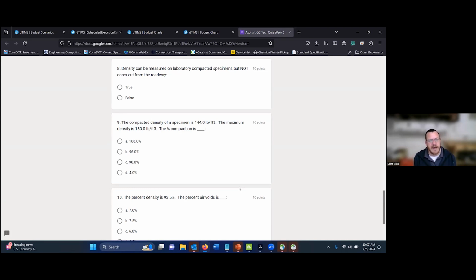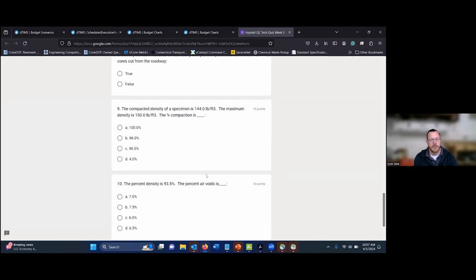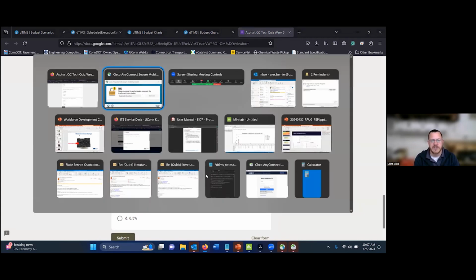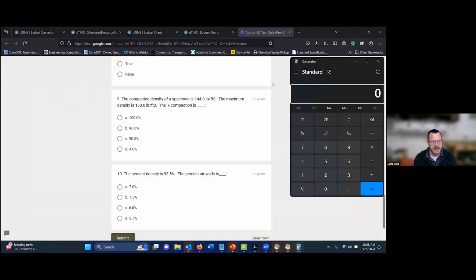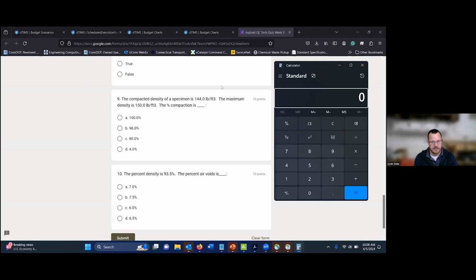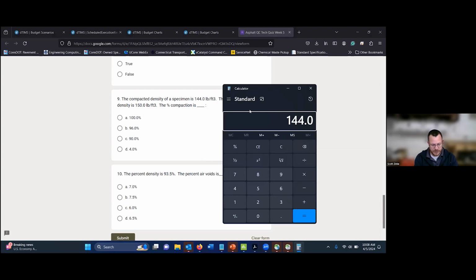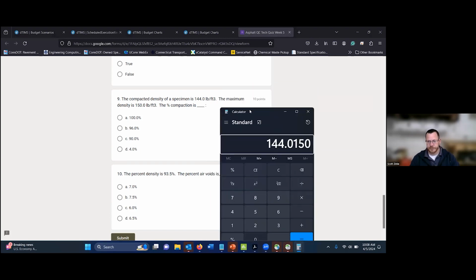Number nine, the compacted density of a specimen is 144.0 pounds per cubic foot, and the maximum density is 150.0. So the percent compaction is what? All we would have to do there is divide our compacted specimen density of 144 by the maximum of 150, and then multiply it by 100.